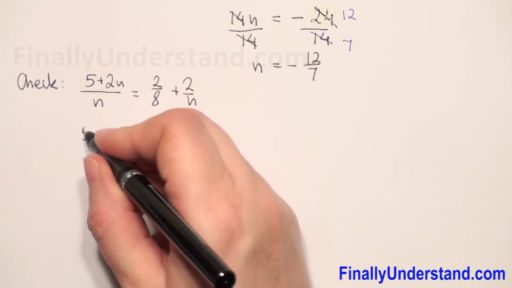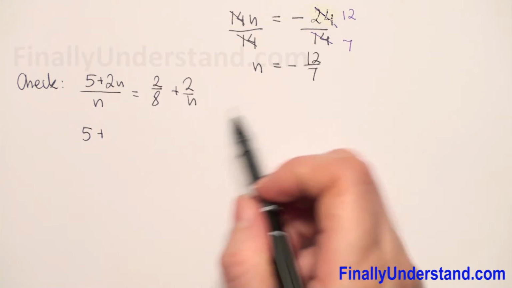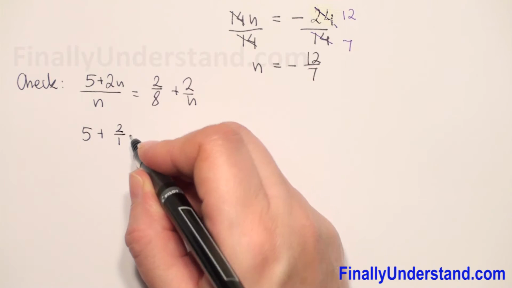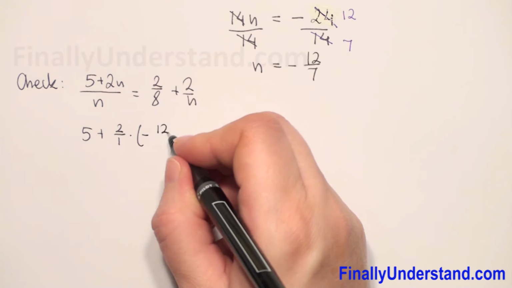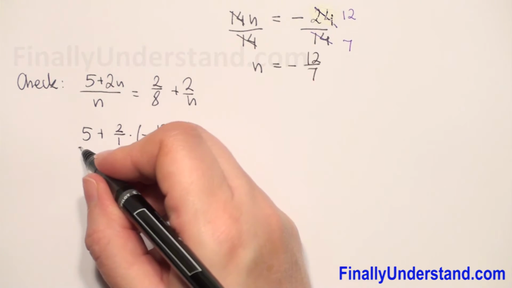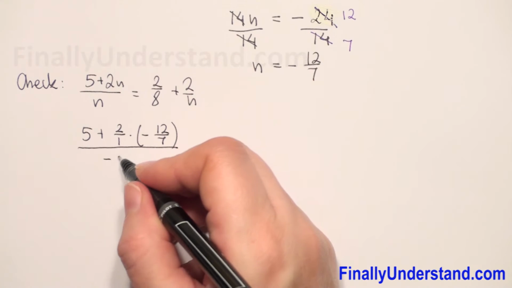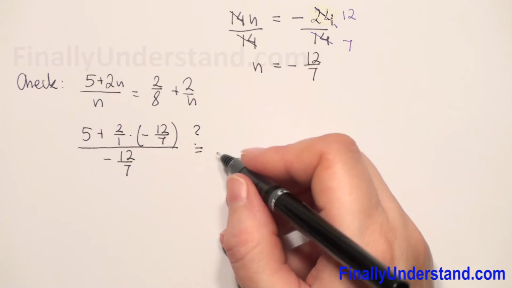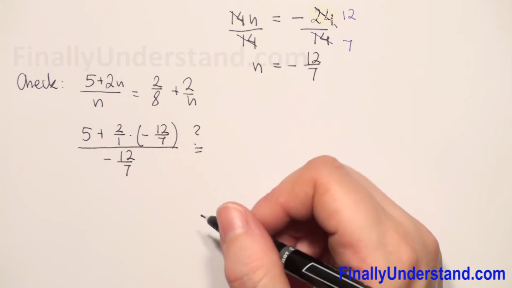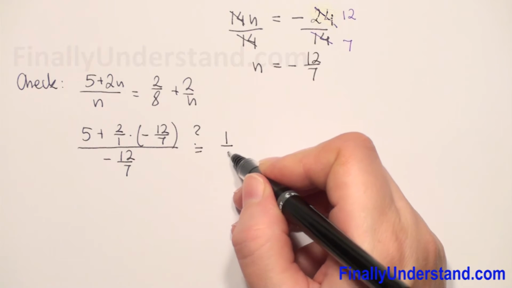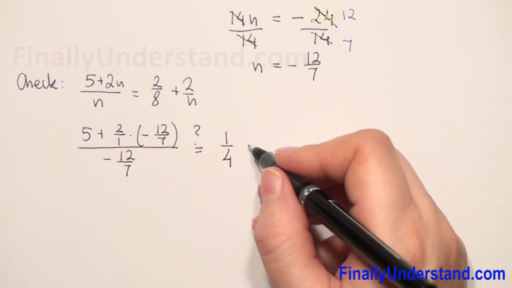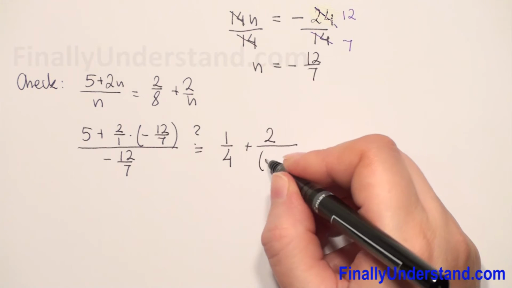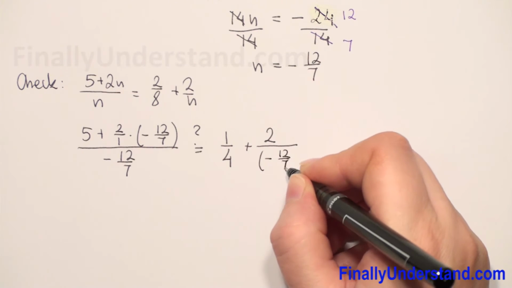So we have 5 plus, because we have multiplication and we have fractions, I will change 2 to a fraction also, 2 over 1, times negative 12 over 7, over negative 12 over 7 in the denominator. This should be equal, we have 2 over 8, so this is 1 over 4, we can reduce, plus 2 over negative 12 over 7.